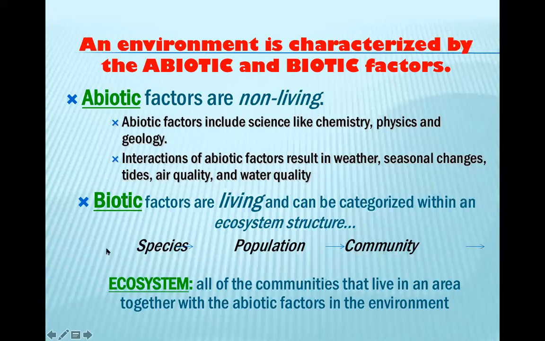So examples of abiotic factors here include the weather. Depending on the weather, if it is sunny, if it is rainy, there are different kinds of animals that thrive in sunny weather. There are different animals that thrive in rainy seasons, okay, including seasonal changes.